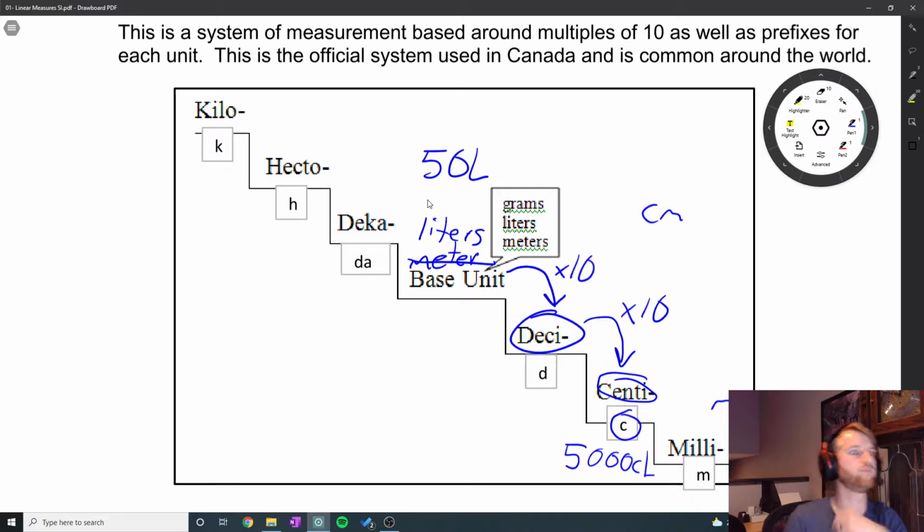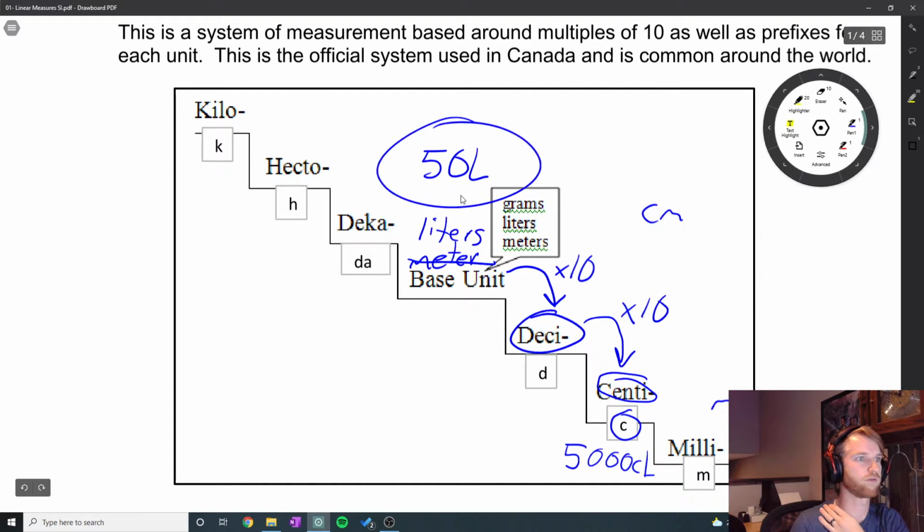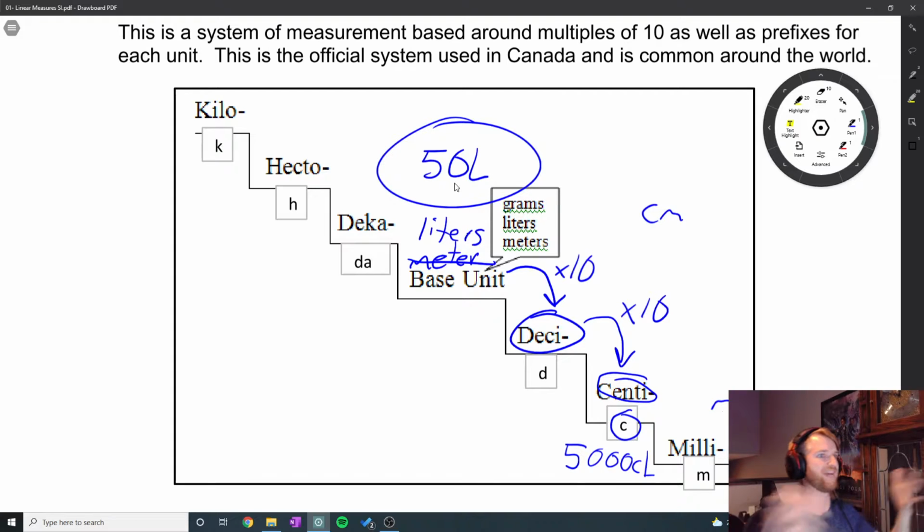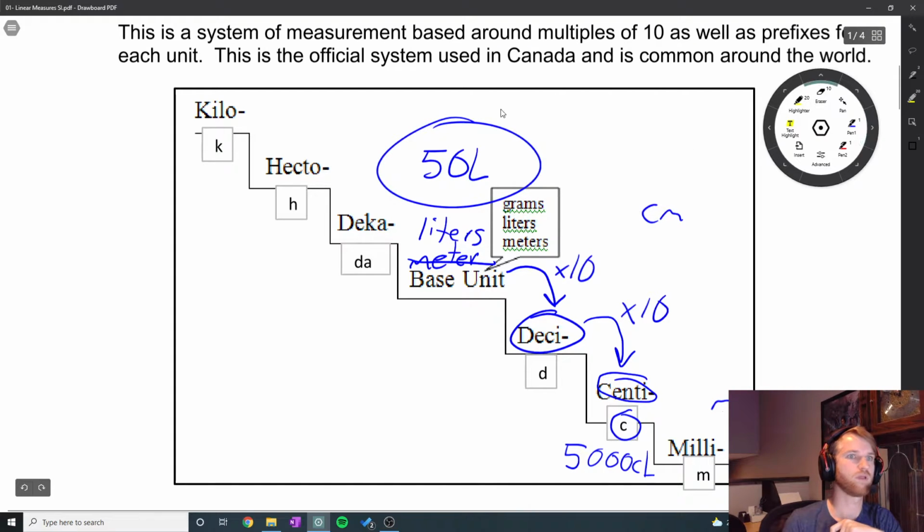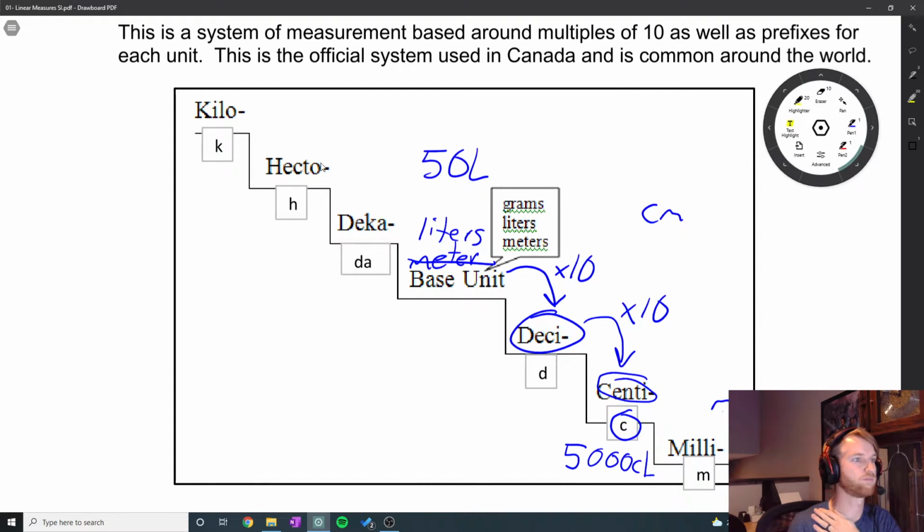Okay, if I wanted to say how much is 50 liters, but now I want to talk about it in terms of hectoliters. Okay, so I'm going to use bigger units, so I won't need as many of them. If I use bigger units, I don't need as many. I'm going to use red just to show that this is different than what we were doing before.